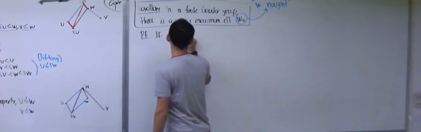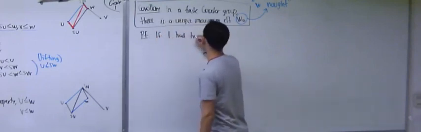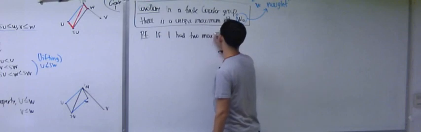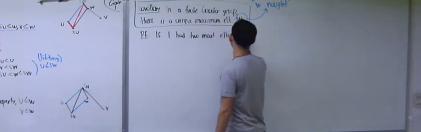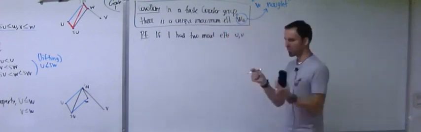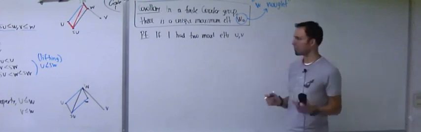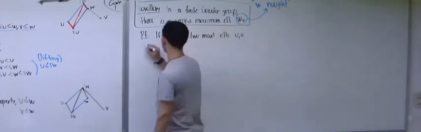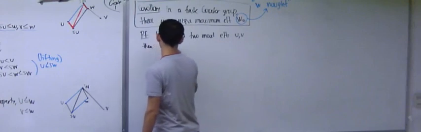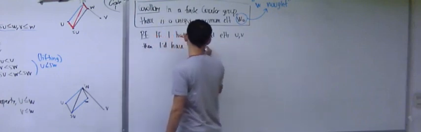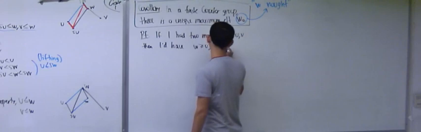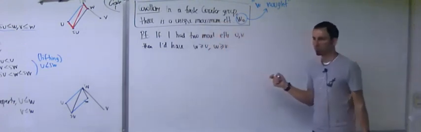So if I had two maximal elements, U and V, then I have two elements and they have an upper bound. Then I would have a W which is bigger than both of them, and that contradicts that they're maximal.